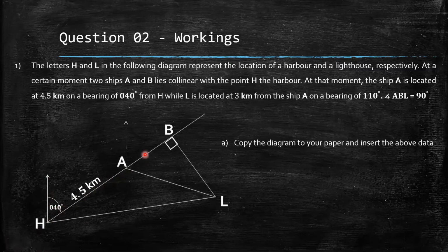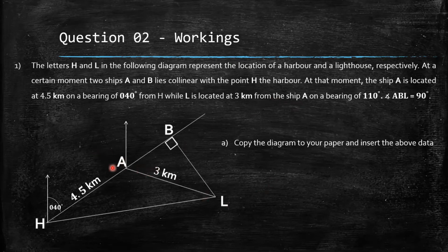Then it says from H while L is located. Now here it is L. L is located at 3 kilometers from ship A. So from A, L is 3 kilometers, right? So the distance between A and L is 3 kilometers.